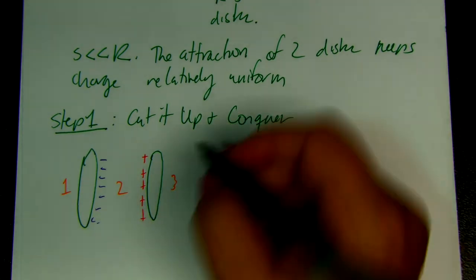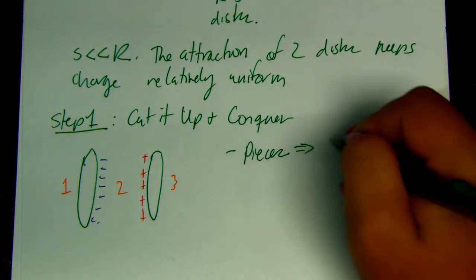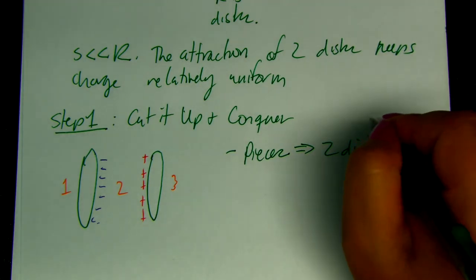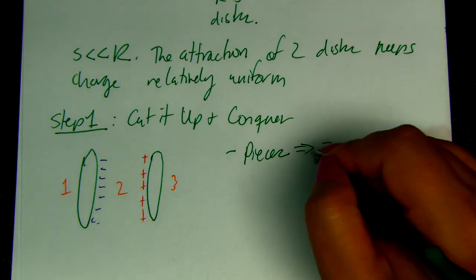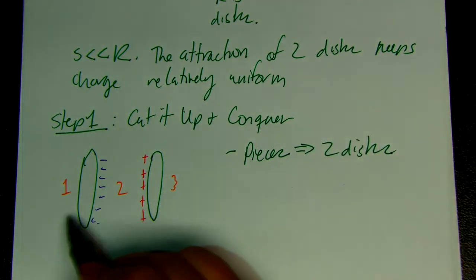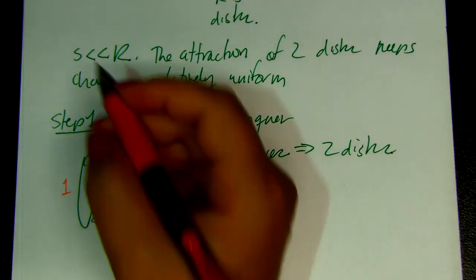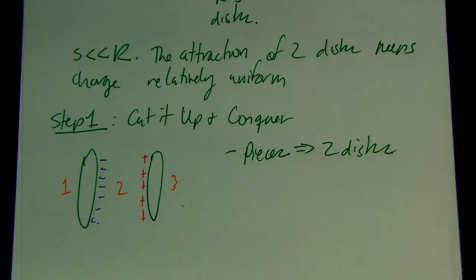All right, so at locations 1 and 3, let's think about those first. And in each case we want to look at what the net field is going to be doing.